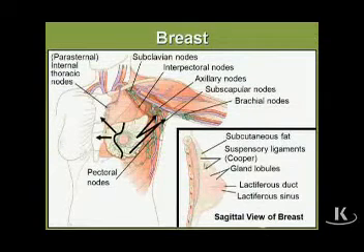As it pushes against those suspensory ligaments, because the ligaments are collagenous, they're not elastic, so they won't stretch. So as you push against it, it distorts the ligament. And in distorting the ligament, since it can't stretch, the two ends of the ligament will get drawn toward one another.